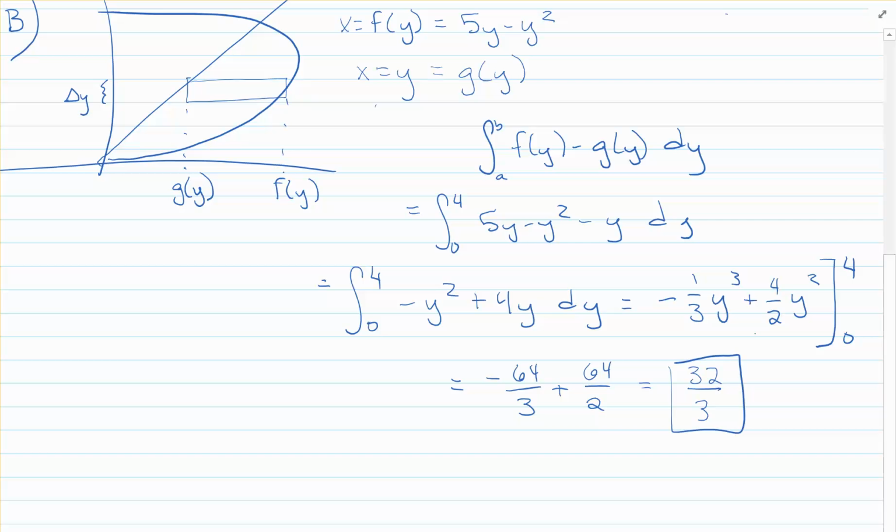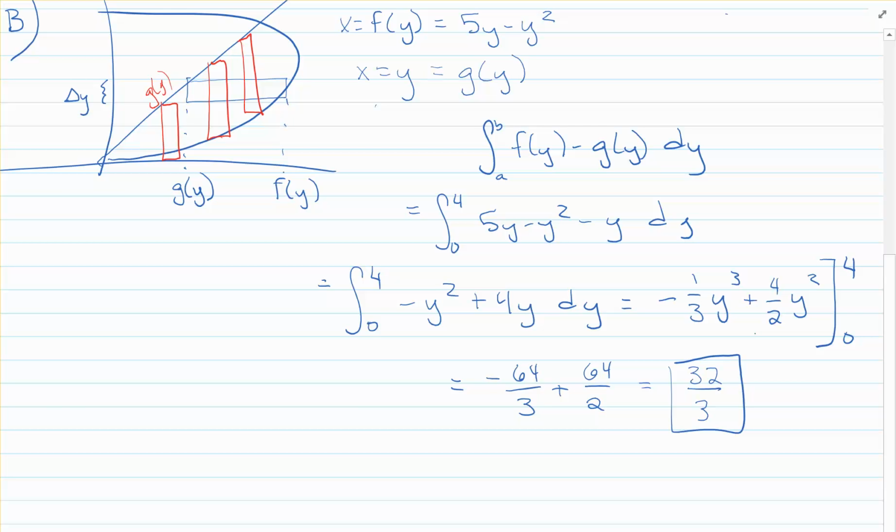Now you might be thinking, what if I didn't remember to set this problem up this way? What if I didn't remember to integrate with respect to y and tried to do it the usual way with rectangles that went up and down like this? Well, these rectangles at the beginning are all fine and good. You're still going, in this case, from the function g of y down to f of y.